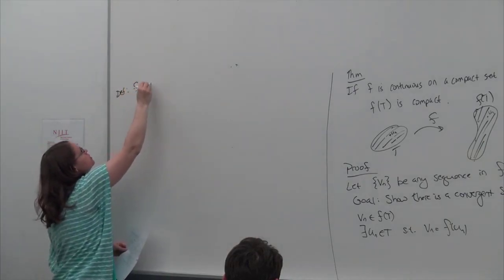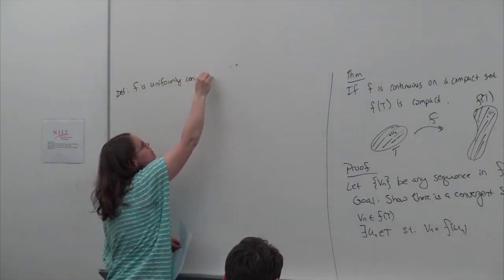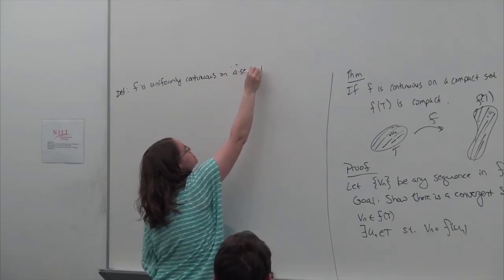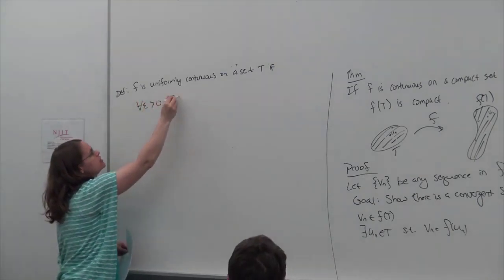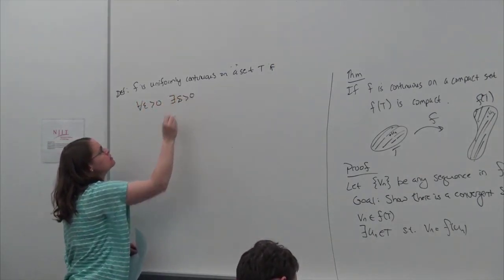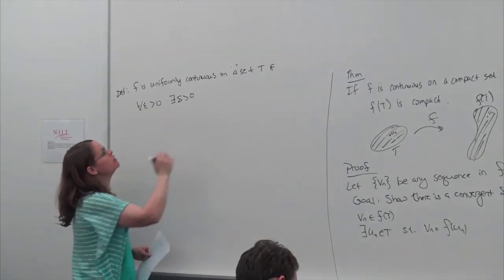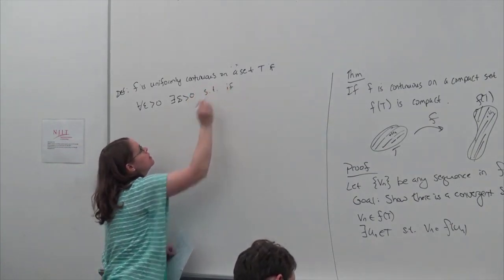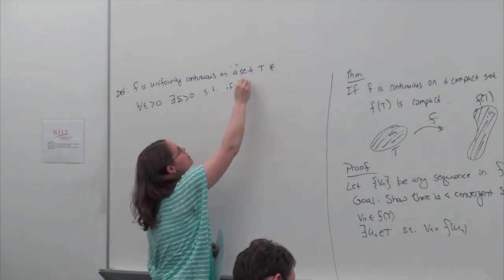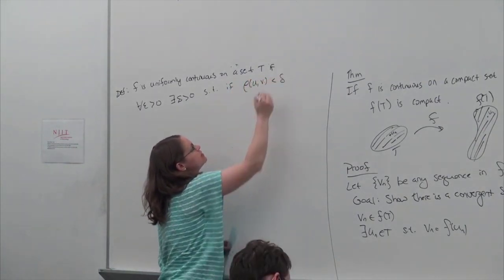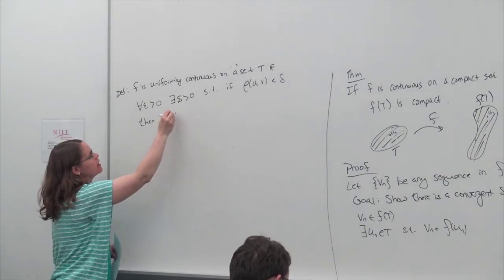Okay, so f is uniformly continuous on a set T if for every epsilon greater than 0, there exists a delta greater than 0 such that if we take any two points on this set and compare them, so if the distance between these two points is less than delta, then the distance between the function values is going to be less than epsilon.